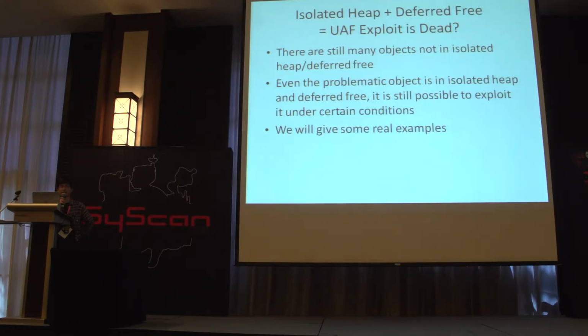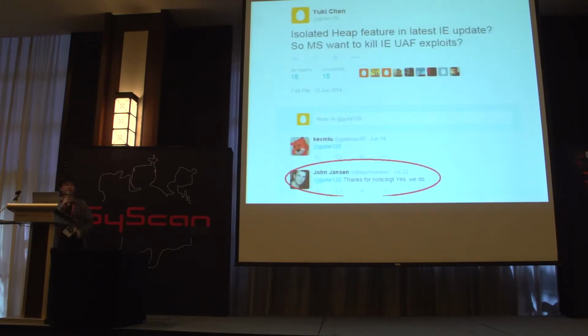And even if the object is in the isolated heap and deferred free, there's still some method to exploit them under certain conditions. And we will give some examples. I think this guy from Microsoft thinks this mitigation can kill UAF exploits, but actually not.